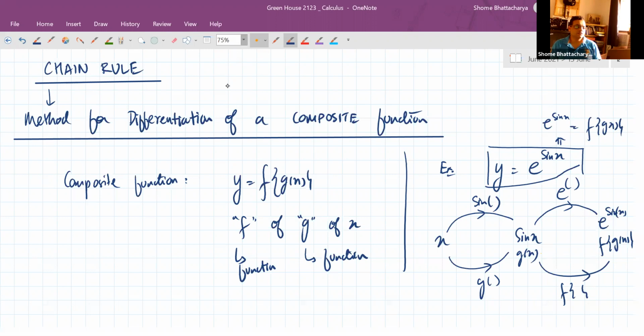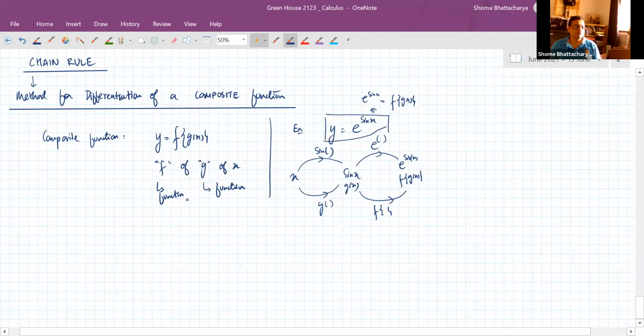So anything where you suspect that from a value of x to get the value of y you have to do two operations. For example, in y is equal to e raised power sine x, if I ask you to find y when x is equal to pi by 6, to get the value of y I have to do two operations. First I have to find out that sine pi by 6 is how much? It is equal to half.